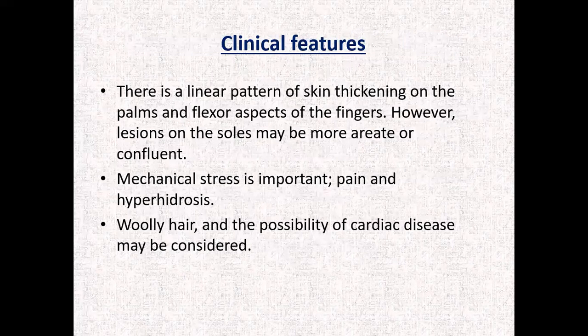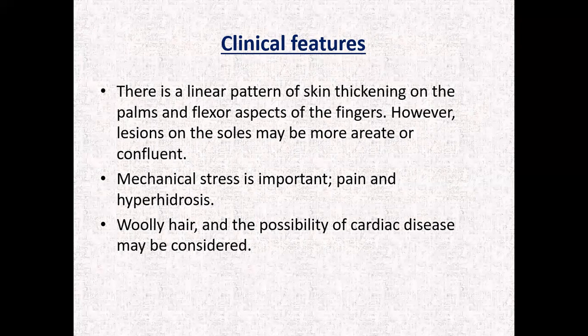As described before, the striate lesions are characterized by linear keratodermas that involve the flexor aspects of the fingers and the digits and the flexor tendons. And the linear pattern of skin thickening is seen on palmar and flexor aspects of the fingers. On soles, the lesions are more areate or confluent rather than striate.